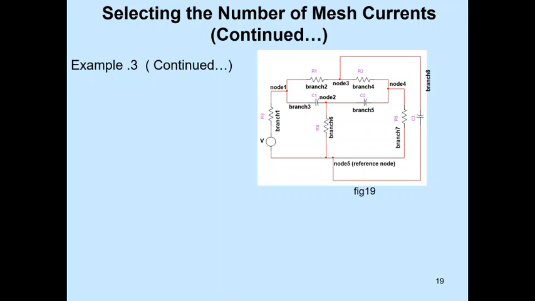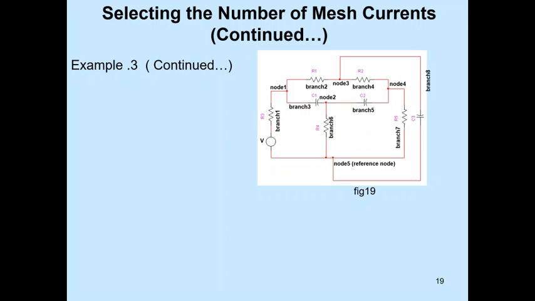See here, there are branches 1, 2, 3, 4, 5, 6, 7, 8 and the nodes are 5. R3, R1, R2, C1, C2, R4, R5, C3 are the 8 branches.